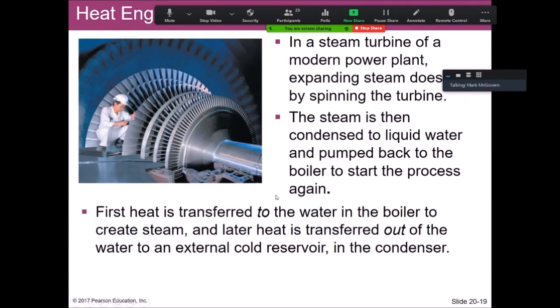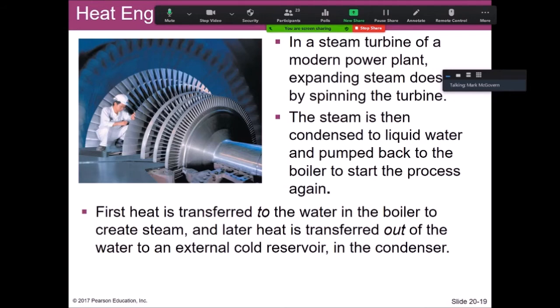This is another great example. This is a steam turbine, and the idea is that you can heat the steam, which provides work done on a turbine. Then the steam is condensed and pumped back into the boiler to be heated again. That's the cold reservoir. The spinning of the turbine is the work being done.